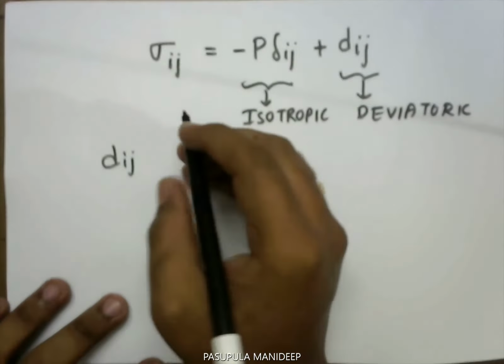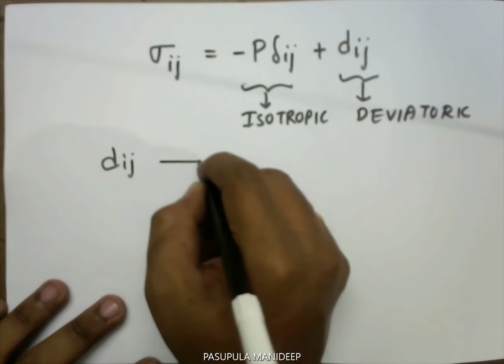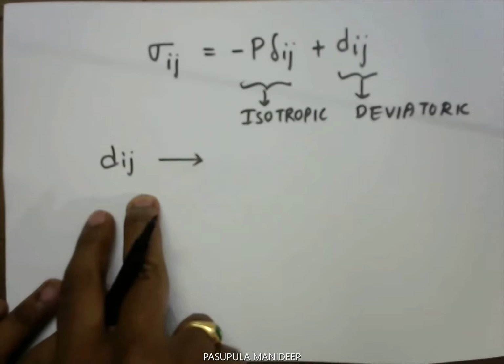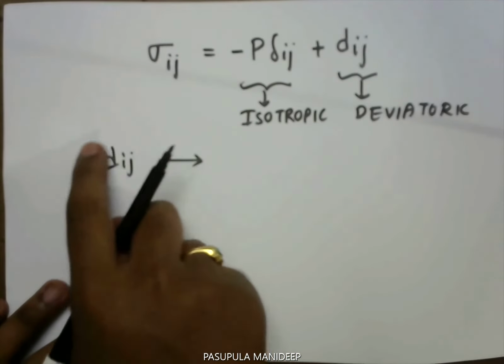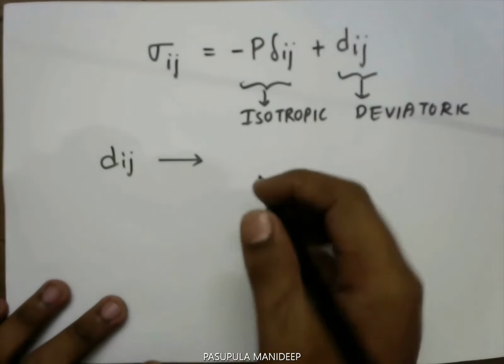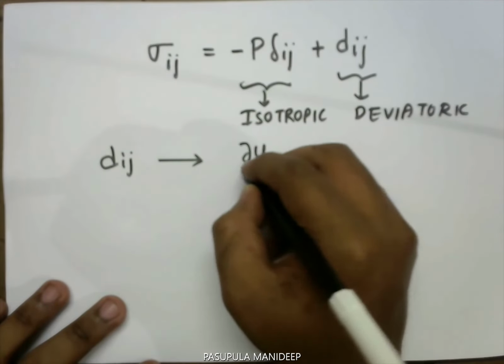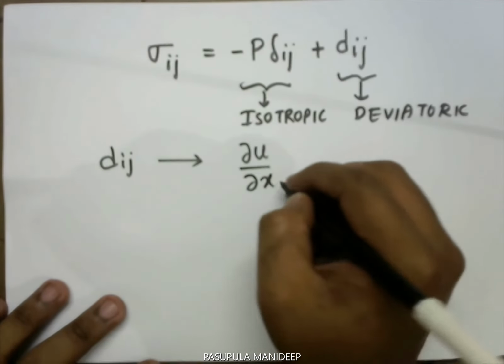In this particular video we will focus on d_ij mainly. Now this is related to fluid in motion, so it can also be related to something like del u by del x.